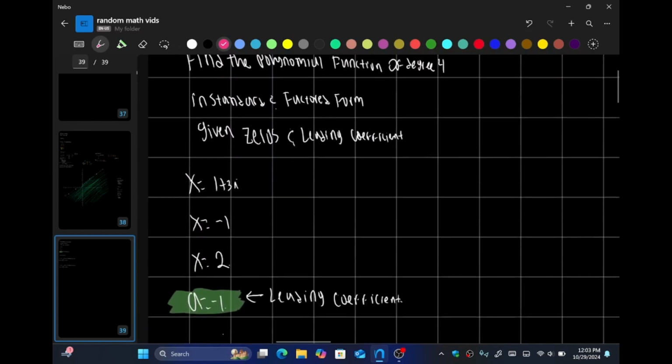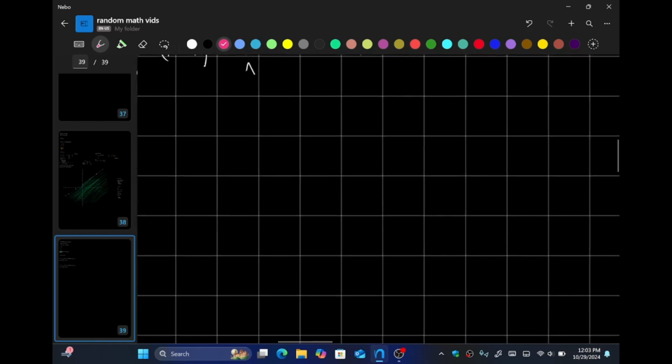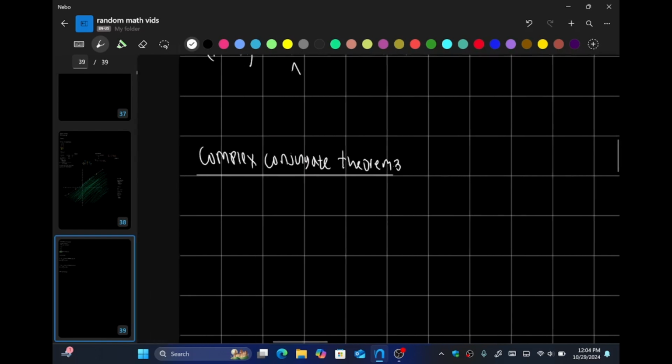Also, there's one more thing I want to go over. There's the complex conjugate theorem. If you're in college or high school and you use a textbook, it should be in your textbook. They usually teach it in your class, but we'll still go over it.